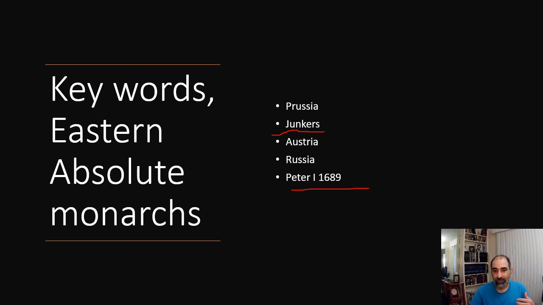And so, for example, the Junkers in Prussia, they were nobility who were oftentimes given tax privileges and given more influence and rights. And this was done to make them happy, right? To keep them content.